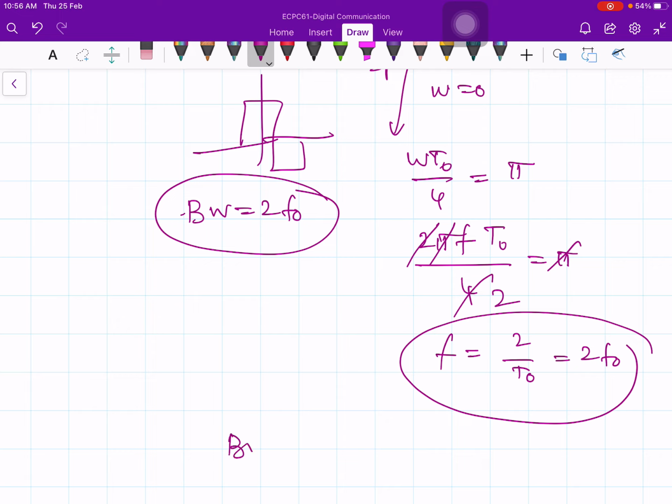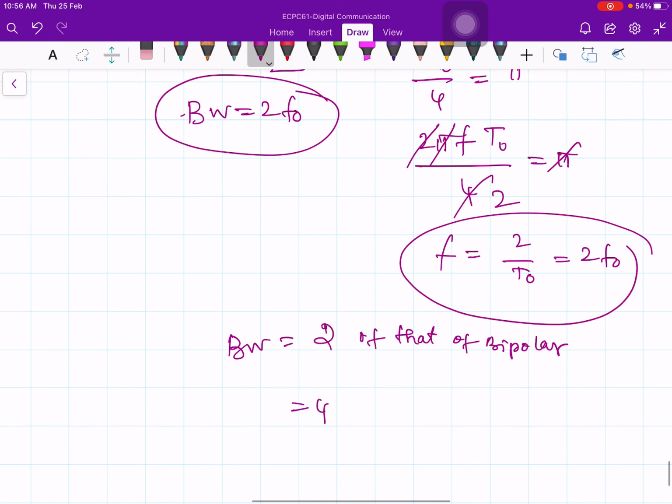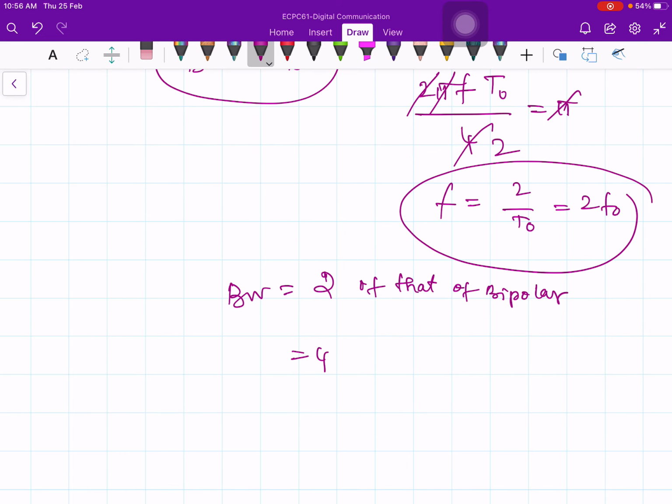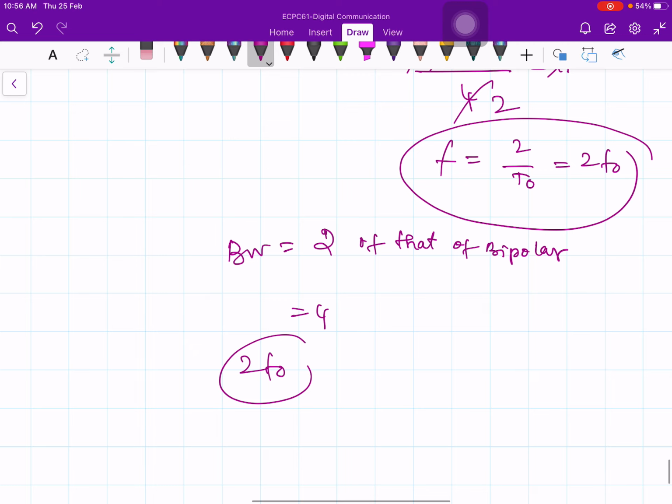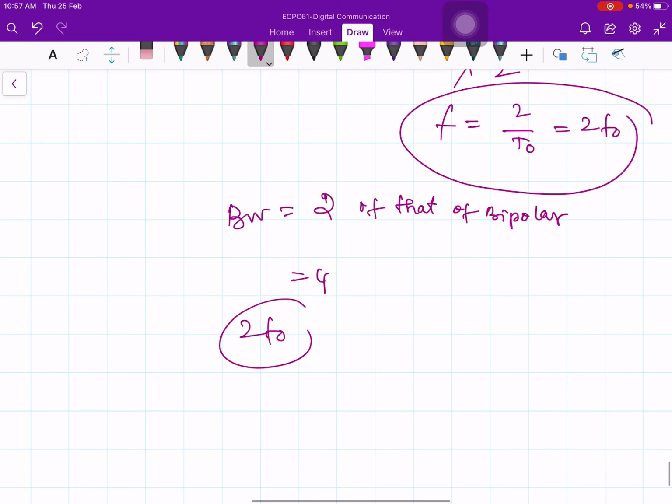Therefore, the bandwidth is 2 times that of bipolar, and it is 4 times that of your duobinary. And now, this bandwidth is 2 times f naught, it is understandable. Can we say why? Because you always have to have zero crossings at every, not t0 seconds, t0 by 2 seconds.